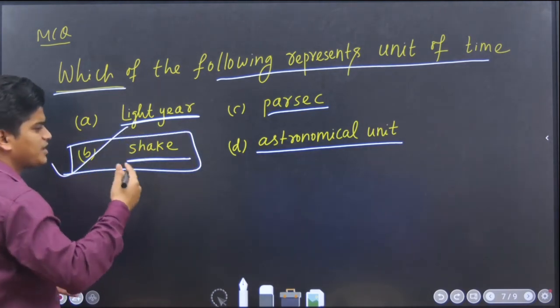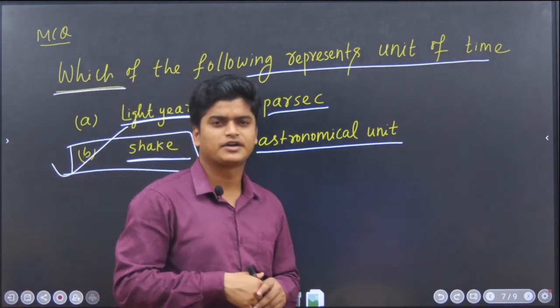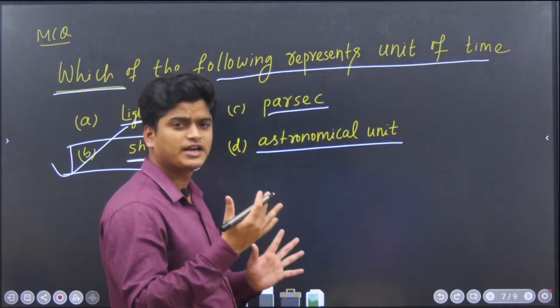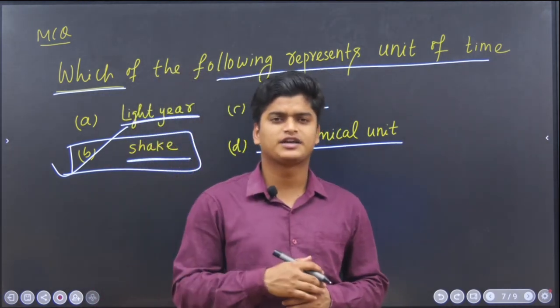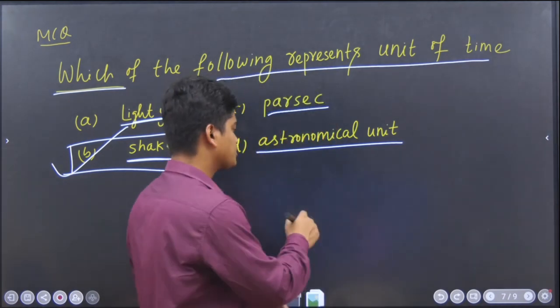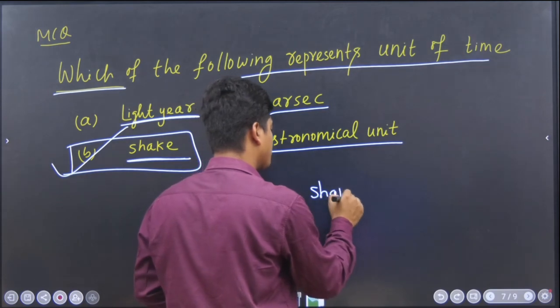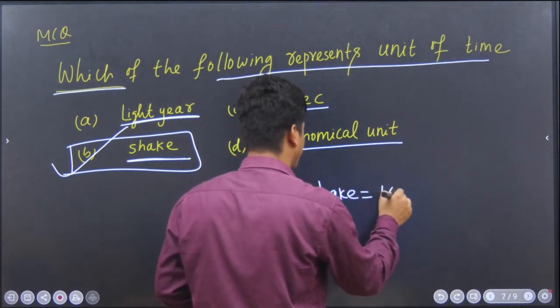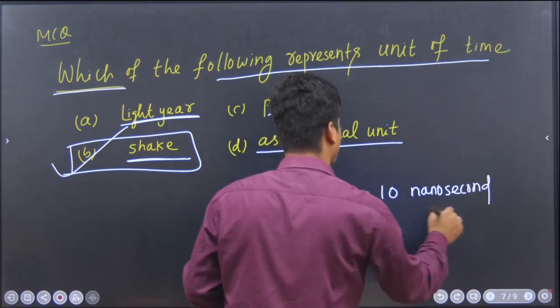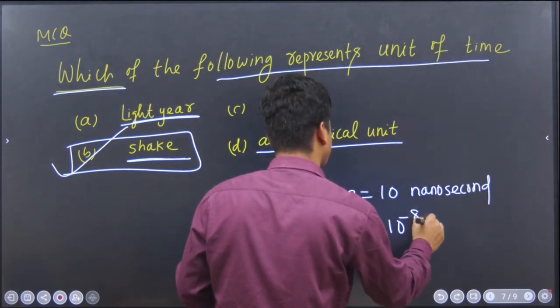And remember what this sec is. Sec is basically an informal unit. It is not an SI unit, and while studying atomic physics and higher advanced physics, we basically use this unit sec. 1 sec is 10 nanosecond, or you can write 10 to the power minus 8 second.